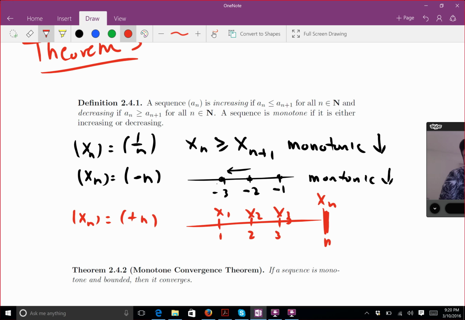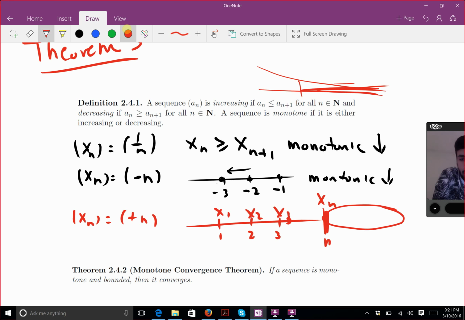Here's a very important idea with sequences. We talk about the tail of a sequence. The tail of the sequence is all of the terms after a certain term. It's kind of like the tail of a dragon. So this is the tail of the sequence after x sub n.